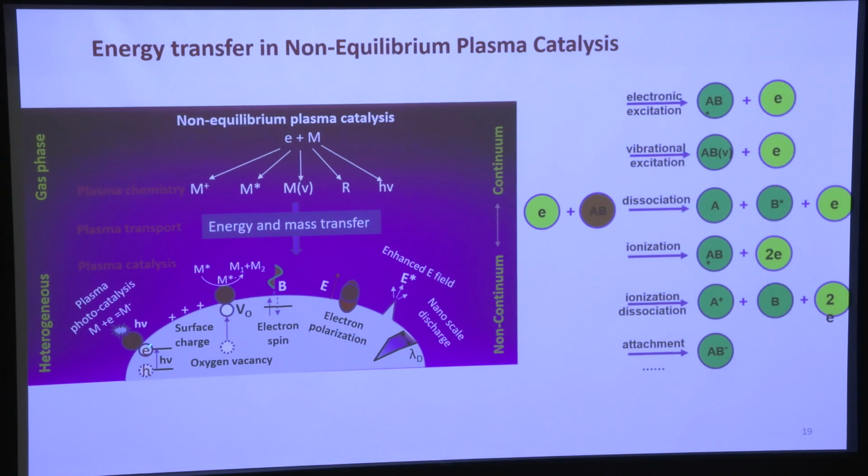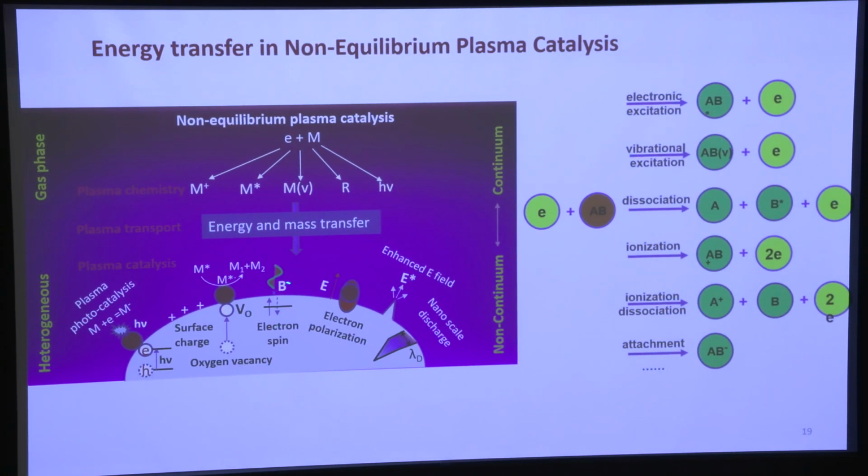For example, the photons generated in plasma can generate electron-hole separation and drive photocatalysis. It can create a surface charge, negative or positive, that builds a very strong electric field near the surface that dissociates or polarizes the molecules.